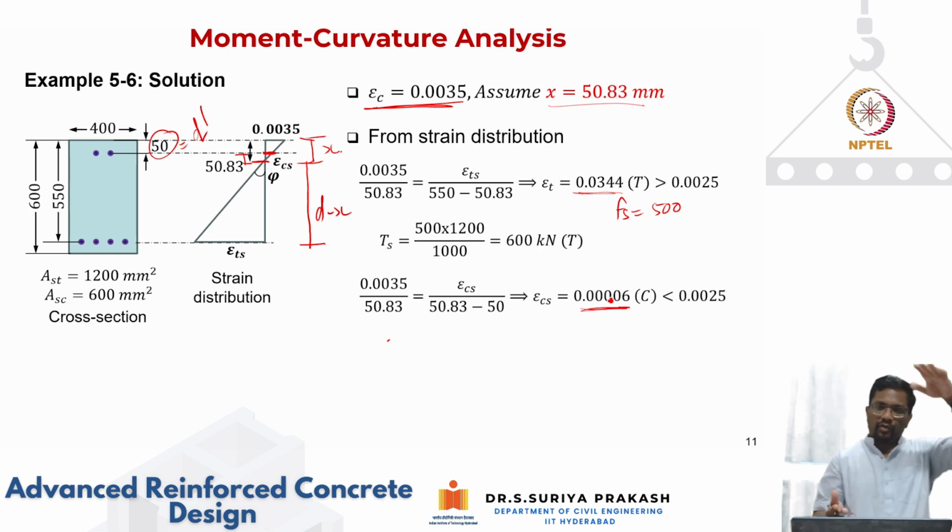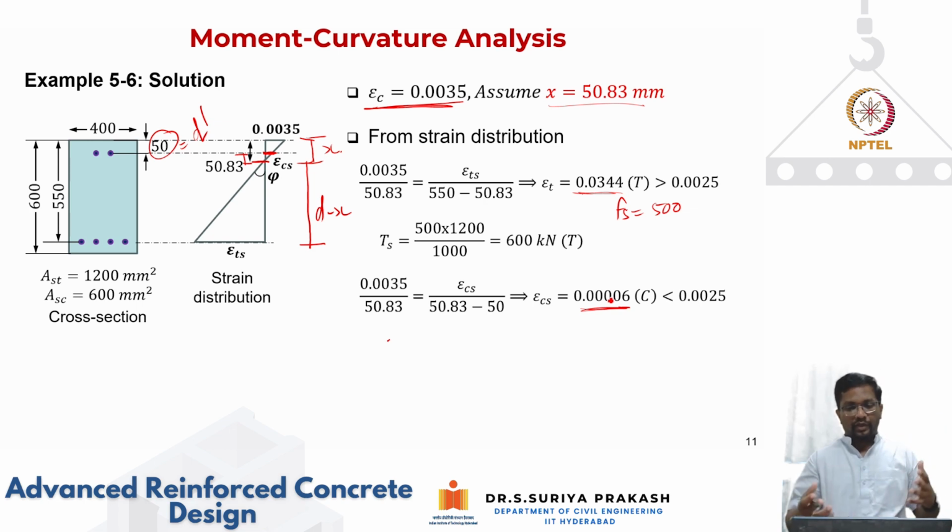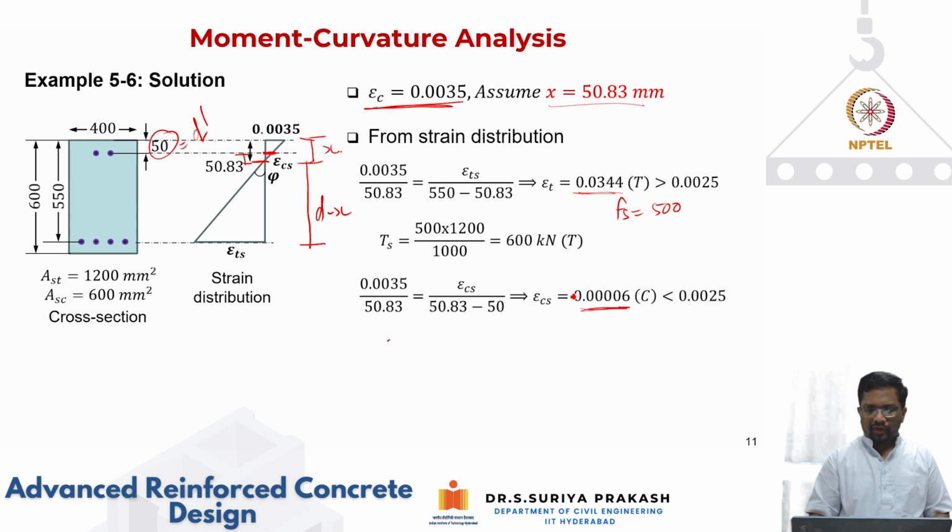But when you are going for an over reinforced section, we will find that the compression steel can also yield. In fact, in a doubly reinforced section, you can have multiple cases: only tension steel yields, both tension and compression steel yield, or both don't yield. So multiple cases are possible. But in this case, my compression steel is still elastic, and it is offering a very low strain of 0.00006, which is less than yield.